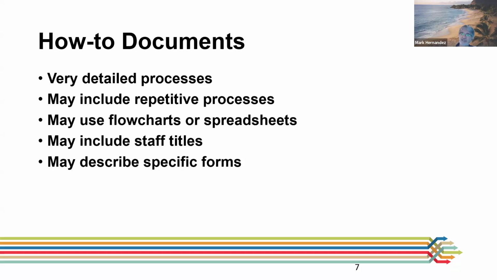So in that situation, you'd have to go back to your how-to documents and update staff titles if they have changed. It's better to do that in your how-to documents than in your procedures or even your policies. That's why you want, like I said, the other two broad.